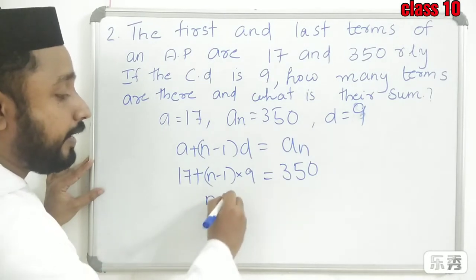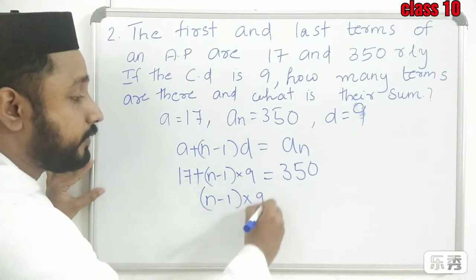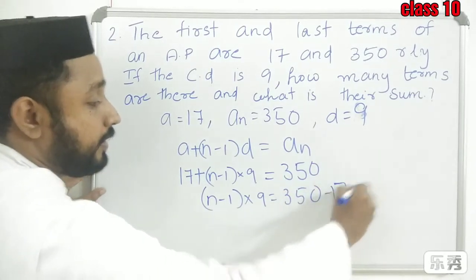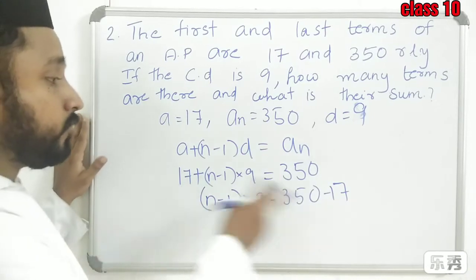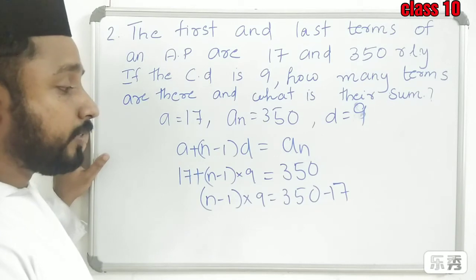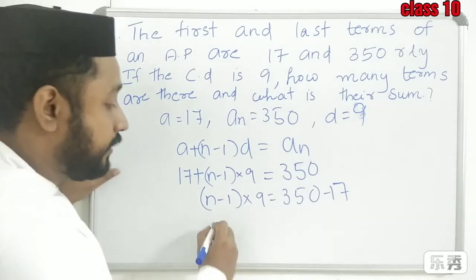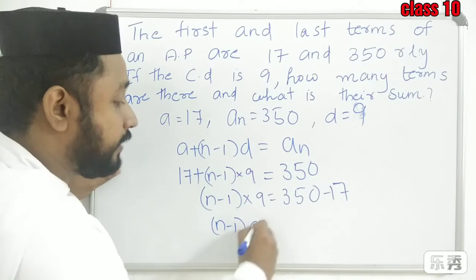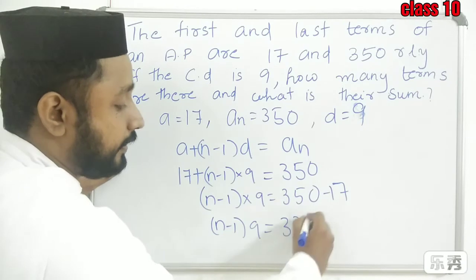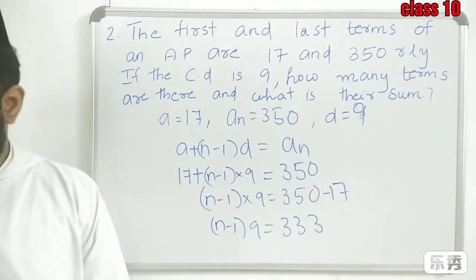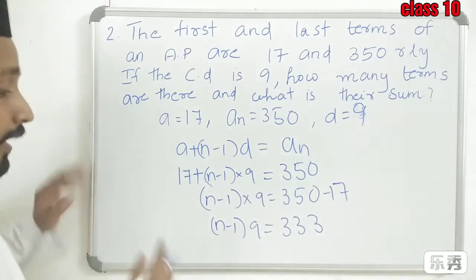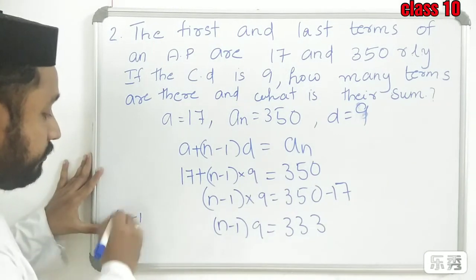That is n minus 1 into 9 is equal to 350 minus 17, because plus 17 goes to the RHS and becomes minus 17. So n minus 1 into 9 is equal to 333.